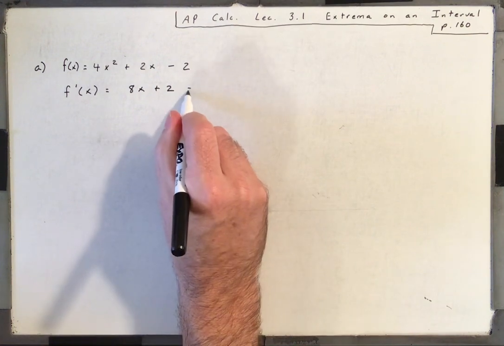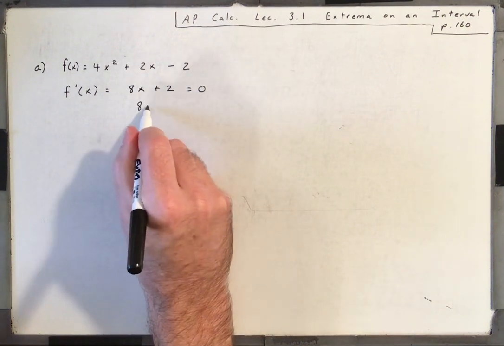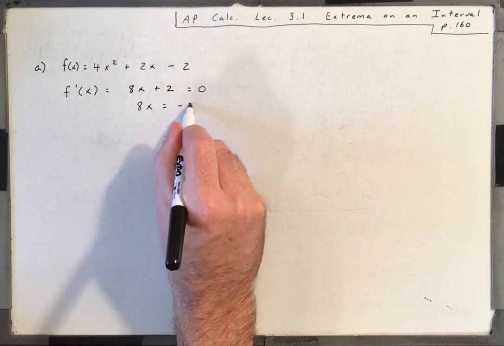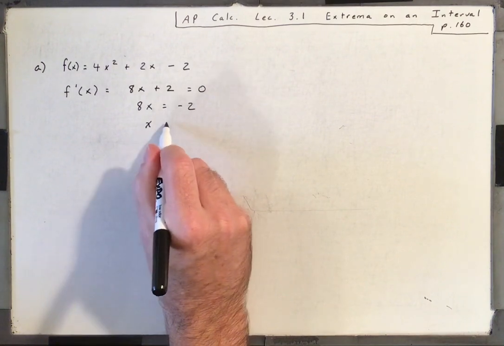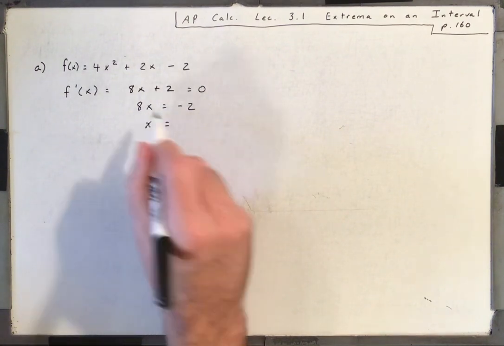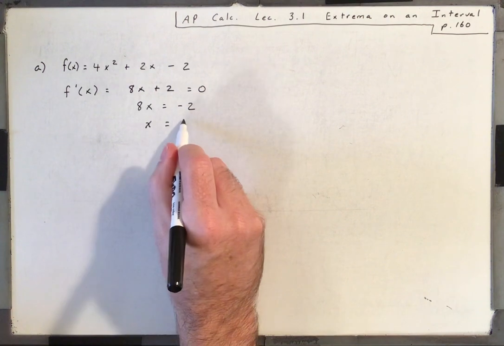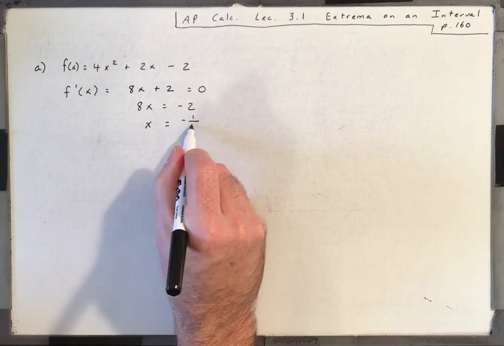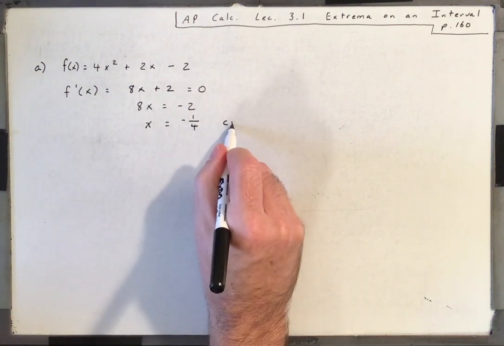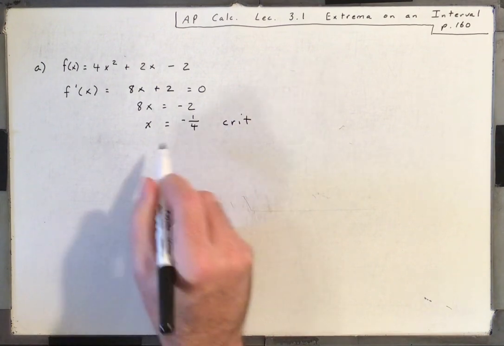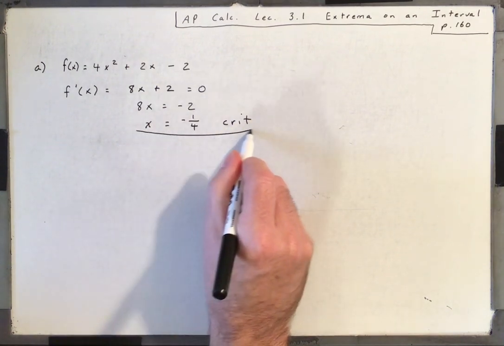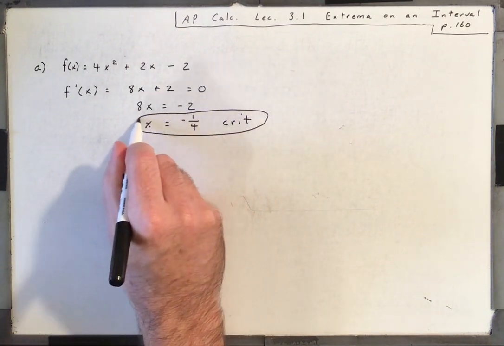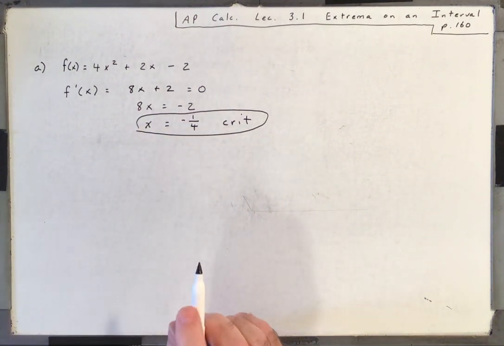We're going to set that equal to 0. So 8x is equal to negative 2. X is equal to negative 2 over 8, so divide both sides by 8, or negative 1/4. And that is our critical point. That is where the slope of the tangent line is equal to 0.